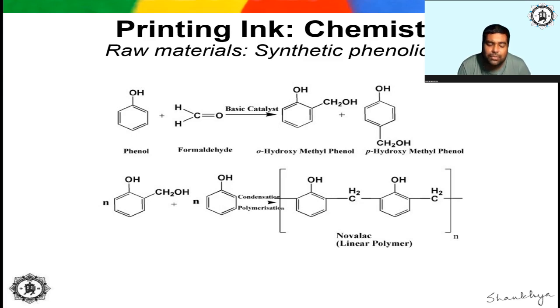I think you are well aware of it from class 11 or 12, where you came across all these reaction mechanisms. But in this particular case, you see the linear polymer, the resin that has been created with the help of some modified phenolic resin. Okay, so this is another very popular example of resin that is being used.